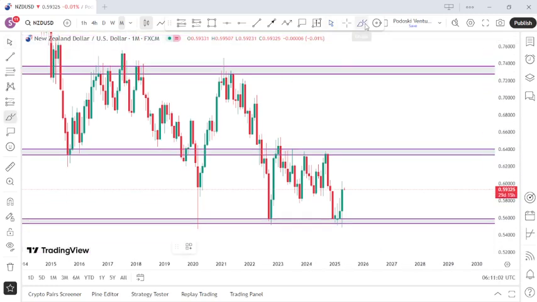On NZDUSD, we have a monthly upper zone here, monthly midway zone, and a monthly lower zone here.